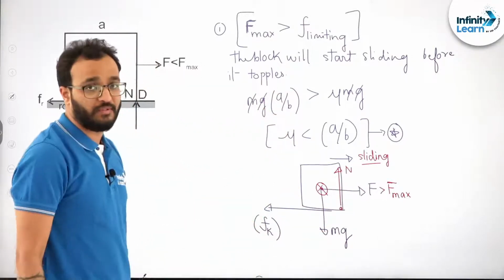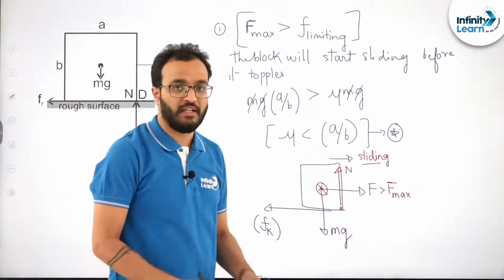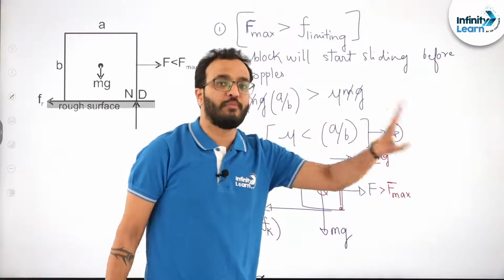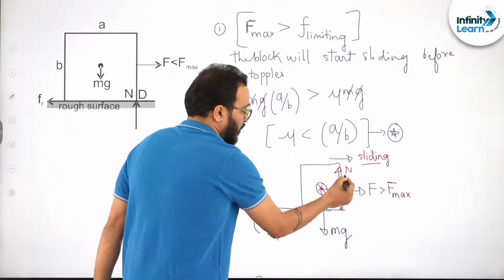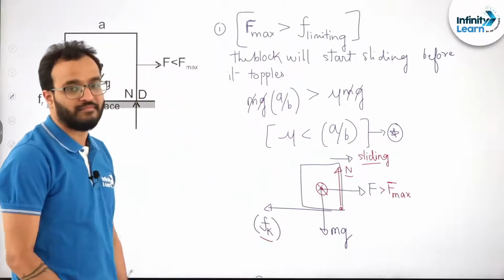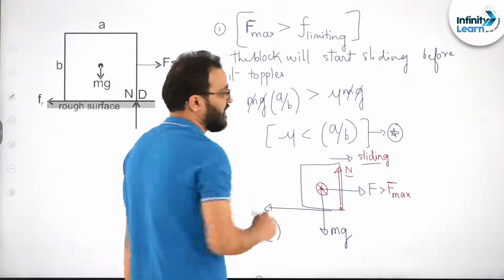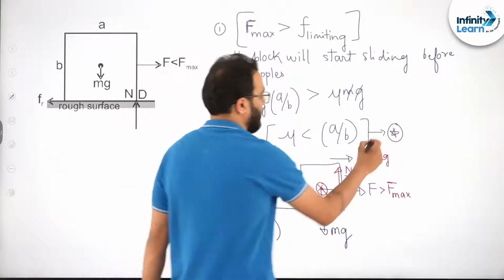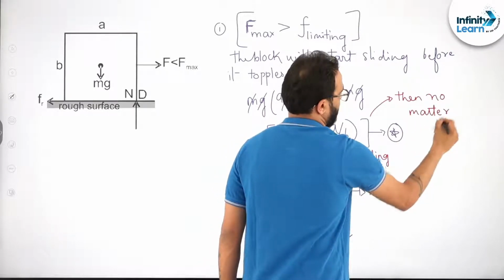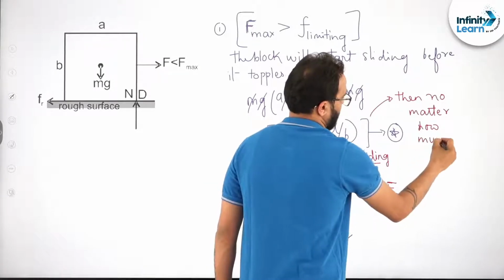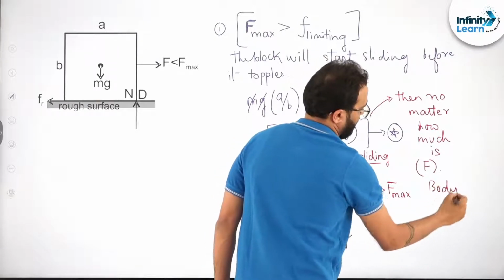At max, normal will shift here, right? Now, even if your F is greater than F max, normal cannot go beyond it. The body has already started sliding. Are you understanding the fact? So in this particular case, if mu is less than a by b, then no matter how much is F, body won't topple.